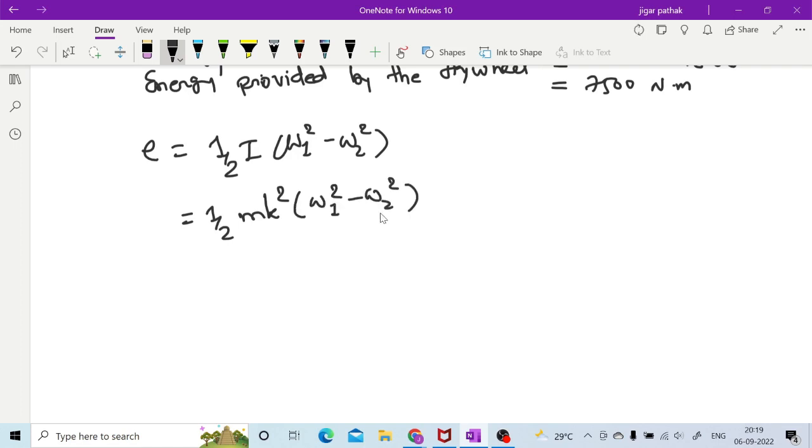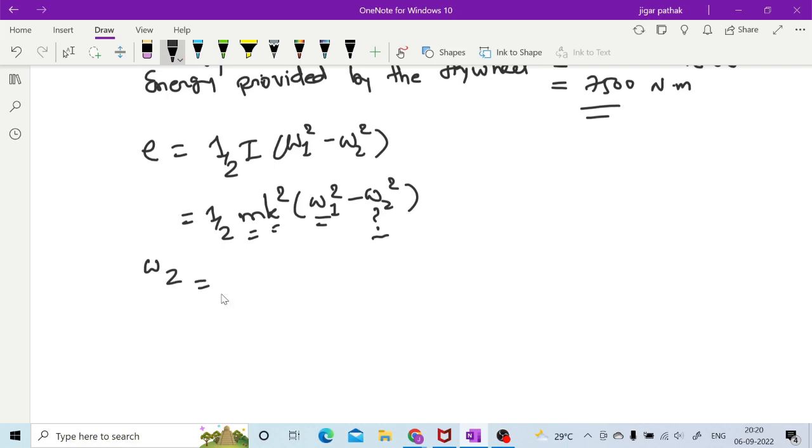We are not going for I K omega square, in which omega is the mean speed and K is the coefficient of fluctuation of speed. We are going for our basic equation, E is equal to 1/2 I omega 1 square minus 1/2 I omega 2 square. From this you can calculate omega 2, because you have E, omega 1 you have calculated, and m and k are both provided, so the only unknown is omega 2.